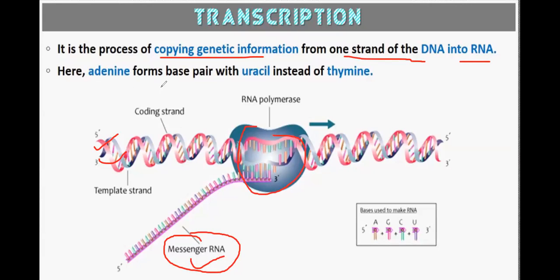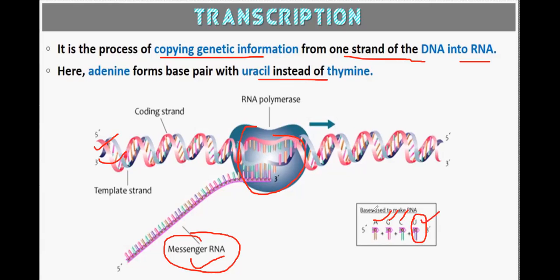Here, adenine forms a base pair with uracil instead of thymine. Here there is no thymine. Adenine is there, guanine is there, cytosine is there, and thymine is not there. Instead of thymine, there is uracil.